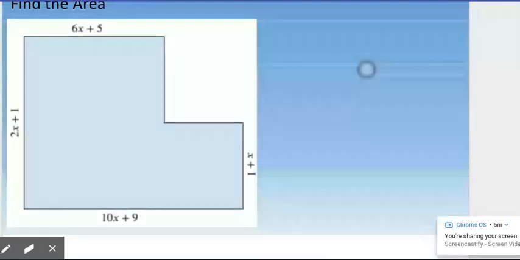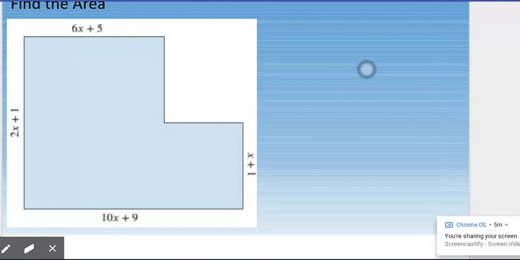So when I'm going to do a problem like this, I'm going to break this up into two different rectangles. This is going to be one of my rectangles. I'm just going to break that dotted line right down there. So this is going to be one of them, and I'm going to get this area. And then this is going to be a second one, and I'm going to get that area.